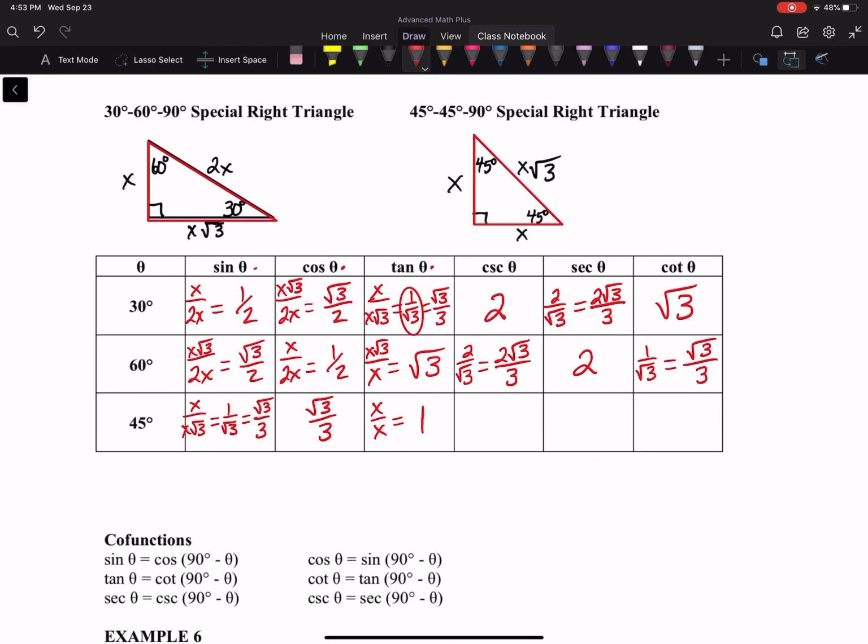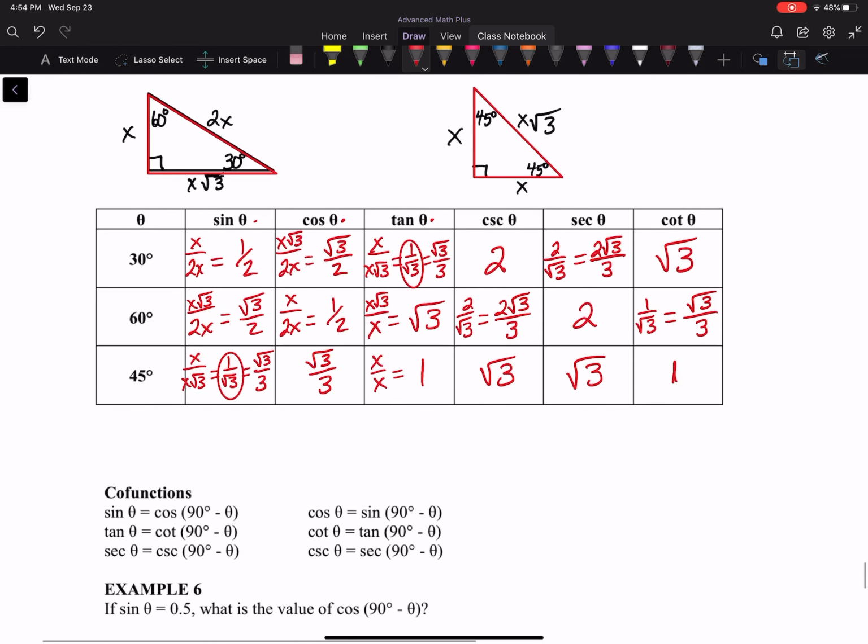And last but not least, 45. If you look at that part, I'm going to flip. The sine of 45 was 1 over square root of 3, so the cosecant of 45 is just square root of 3. That will be the same for the secant. And if you flip 1 for tangent, it stays 1 for your cotangent.